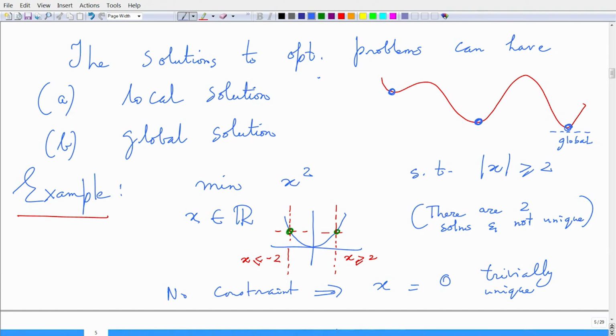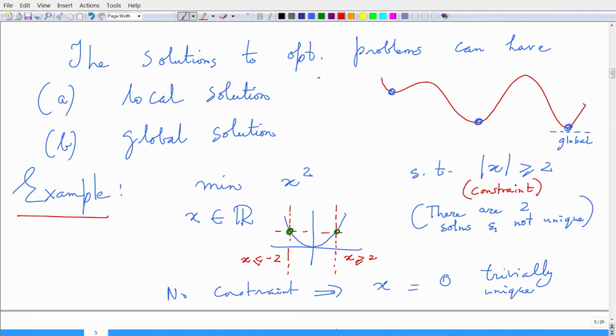Now, if you put constraints, let us see what happens here. I take the same parabola y equals x square. I want to minimize over the set of all real numbers, subject to the constraint that mod x is greater than or equal to 2. So, now I am introducing a constraint, mod x is greater than or equal to 2.